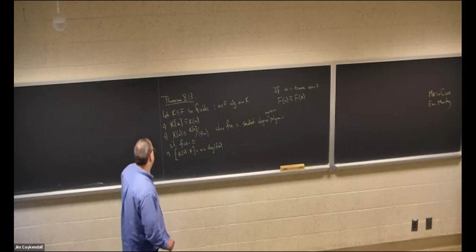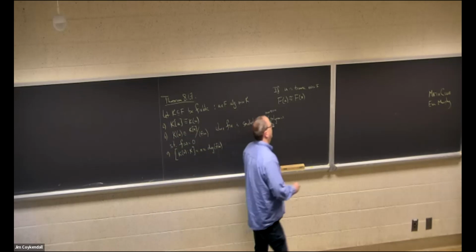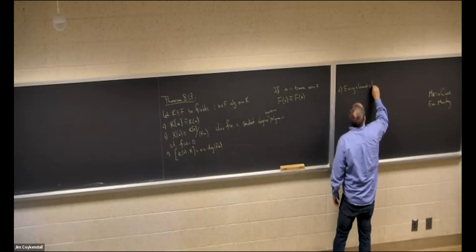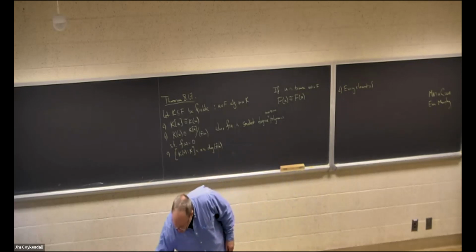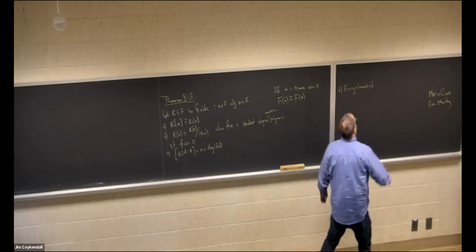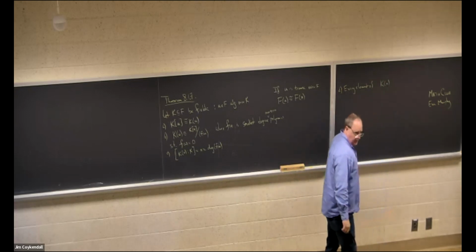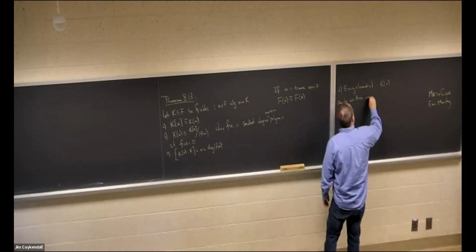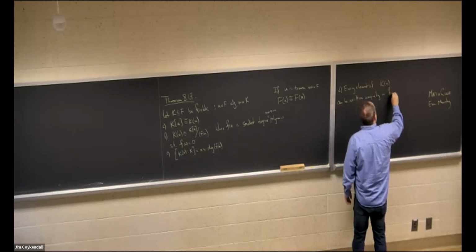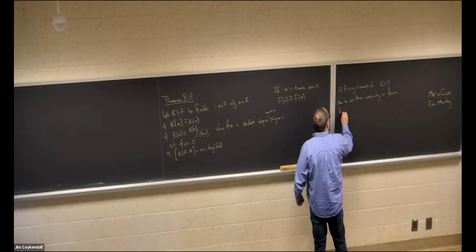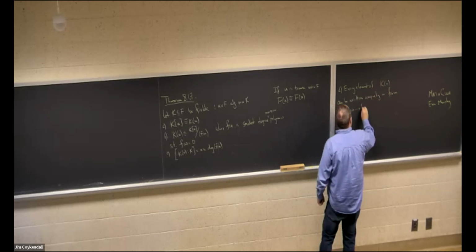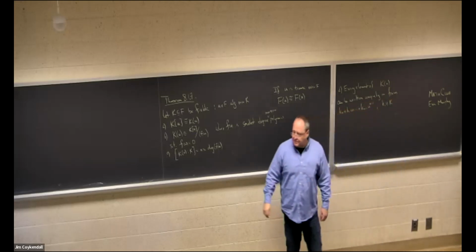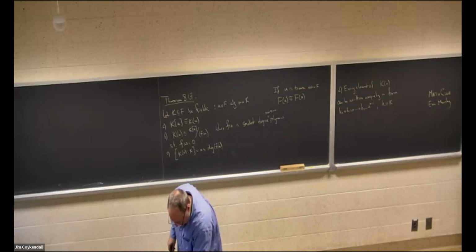And every element in this field extension K(U) can be written uniquely in the form k0 plus k1 U plus up to k(n-1) U^(n-1), with the ki in K.